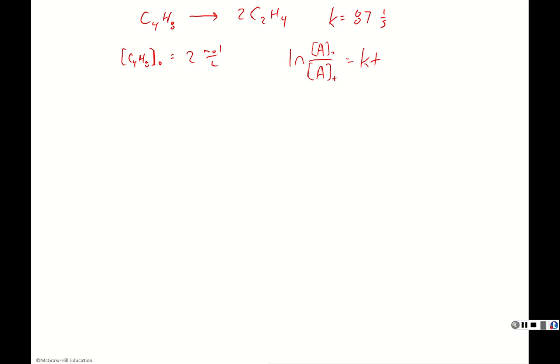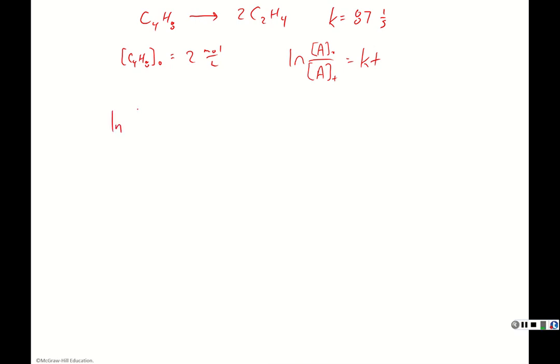Right, so then we can plug these values in, or you can rearrange this equation too, however you'd like to. I'm going to plug these values in.